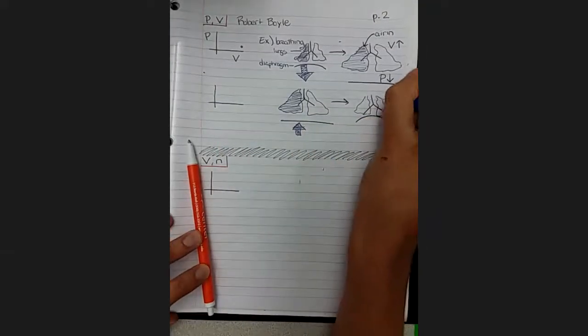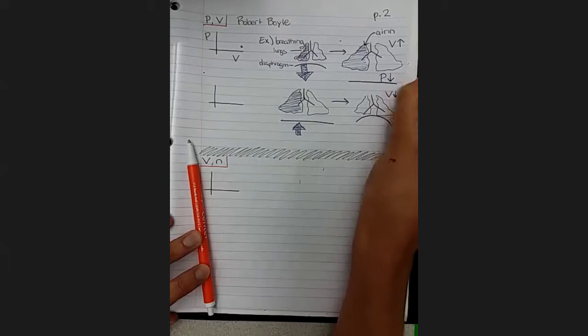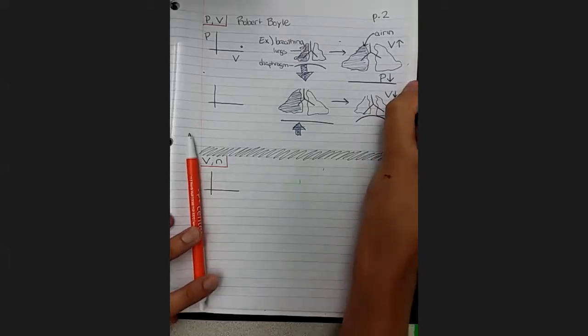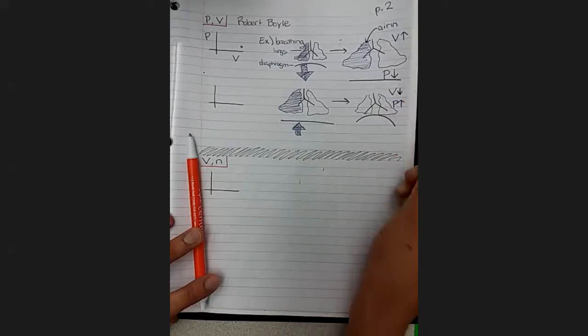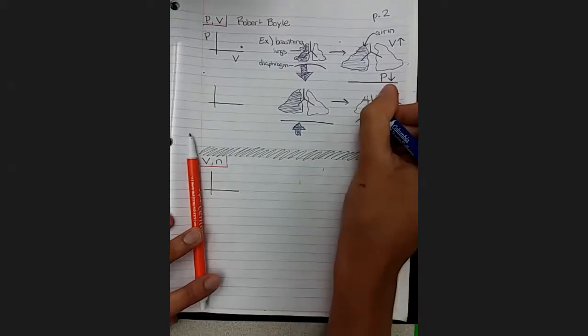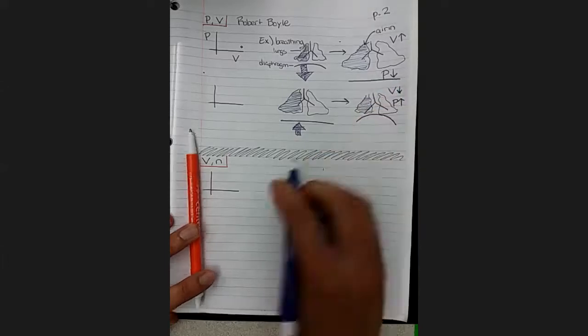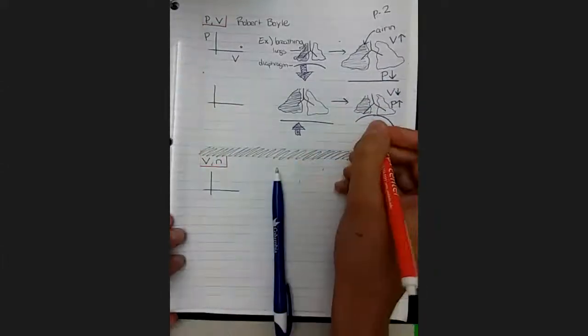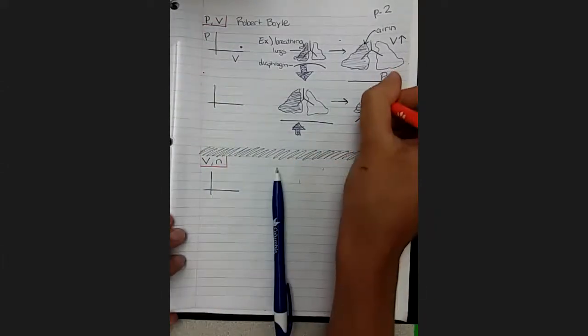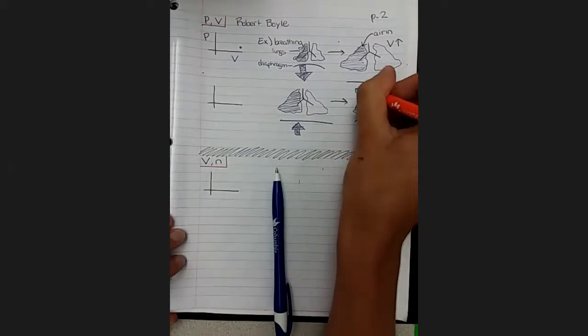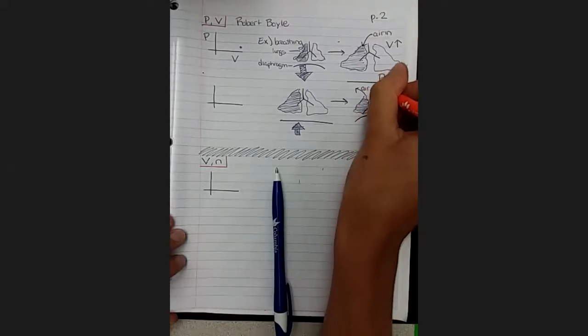We have made the volume smaller. And when the volume is smaller, all the gas molecules are shoved together, and the pressure gets higher. And when the pressure is higher than outside, air goes out of your lungs.